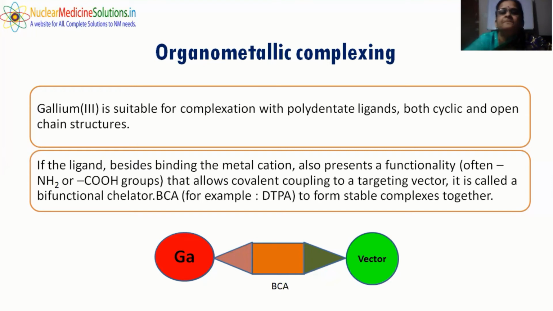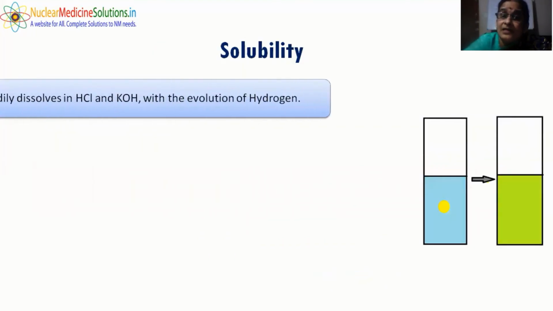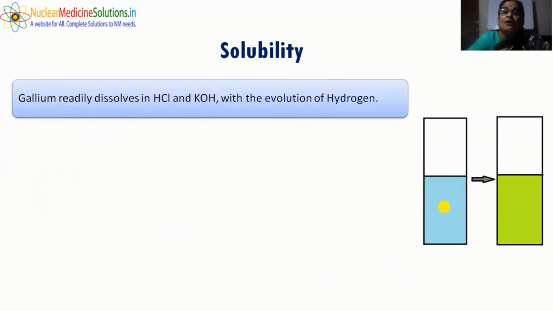Now let us understand the importance of gallium with respect to its solubility as part of the chemistry of the study, whether and how much it dissolves in the solvent. So gallium readily dissolves in hydrochloric acid and potassium hydroxide with the evolution of hydrogen.